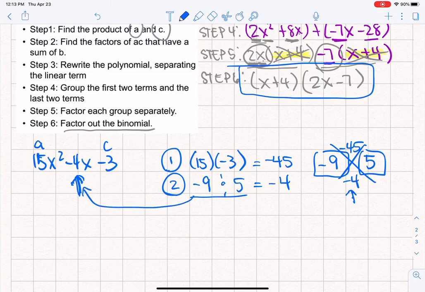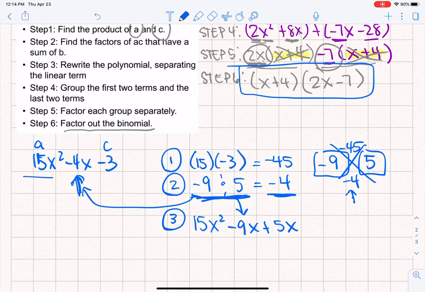Step 3 says to rewrite it. So if I rewrite it, 15x squared. Now instead of writing 4x, I'm writing these two. So I'm going to put those two right here: negative 9x plus 5x, and then it's minus 3.